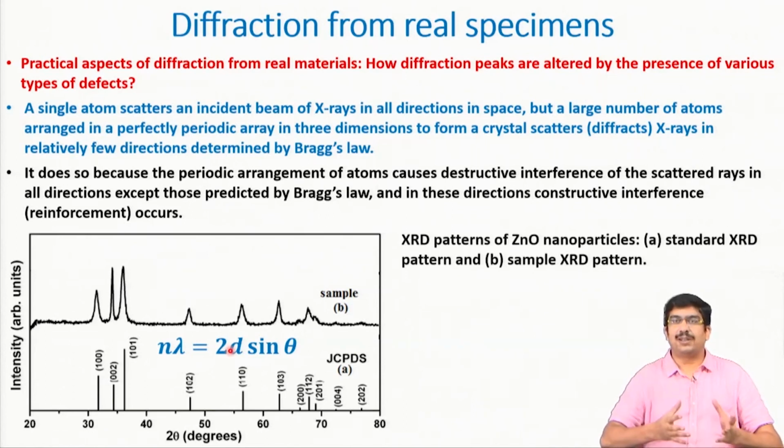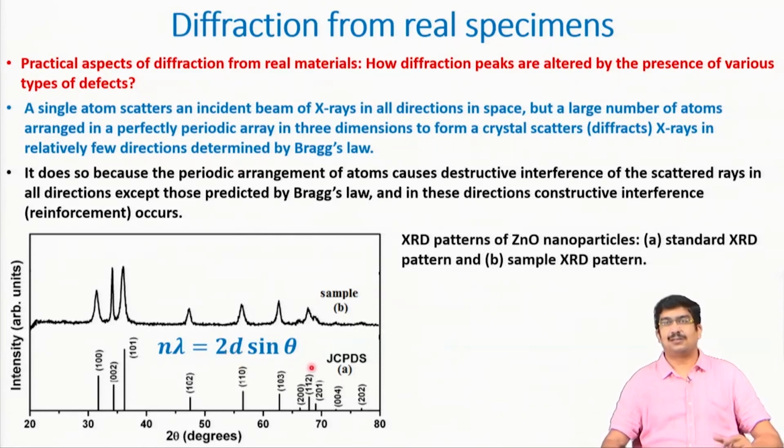Of course, you know the symmetry of this material, the unit cell, the lattice parameter, everything. So you know the d spacing for different lattice planes. If you are interested in, say, the 100 plane, you know the d value, and let us assume, as I said, that you are using a standard crystal unit cell, BCC or FCC. So you know the relationship to calculate the d spacing from the lattice parameter.